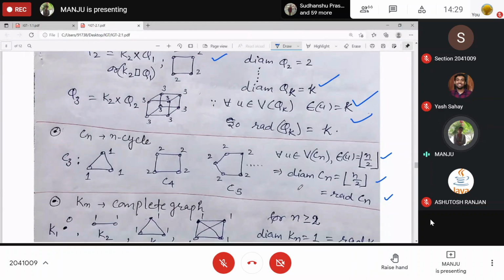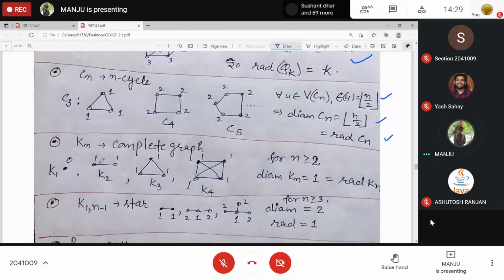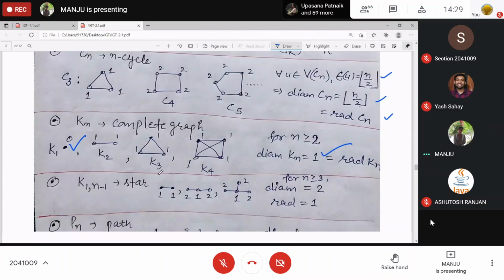And that's the diameter and radius. For complete graph, as every 2 vertices are adjacent, every vertex has maximum distance 1, right? Exactly 1 to all other points, right? That's why diameter will be 1 for non-trivial and for the trivial one it is 0.